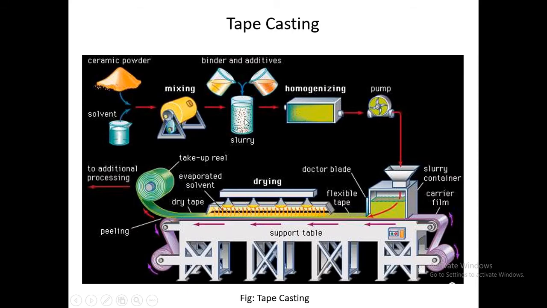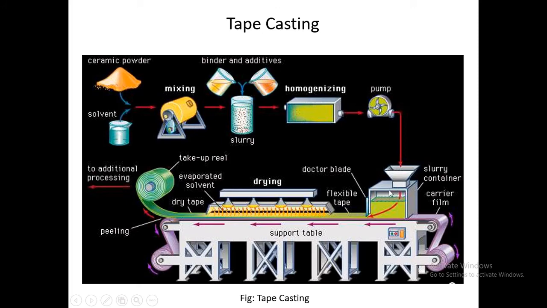Next, it is placed inside a vessel where binder and additives are added to form a slurry. That slurry is supplied to a homogenizing chamber, where the particle size is reduced to make the particles similar in shape and size. Then the mixture is pumped directly to a tape casting machine.